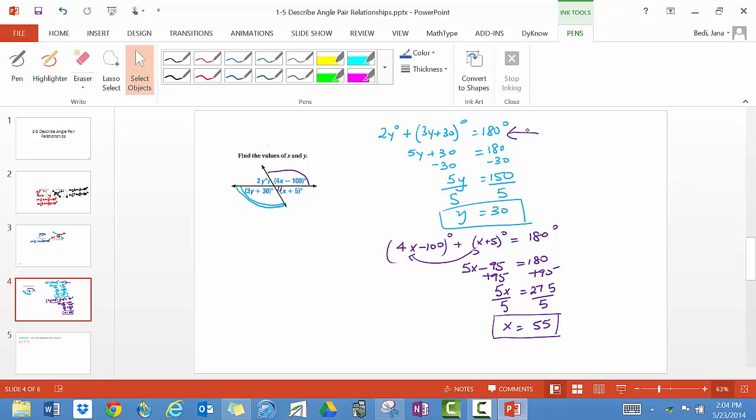We get 2 times 30 is 60 plus 3 times 30 is 90. That's 150 plus 30 is 180, so the y checks, and you can do that on your calculator too. And over here, if I do 55 times 4, that's 220 minus 100 is 120 plus 60 is 180, and those both check. And you should do those for yourself. Always do a check by plugging your values back in.